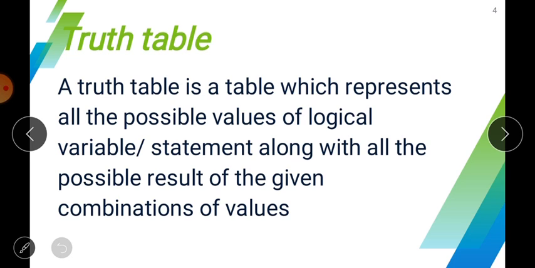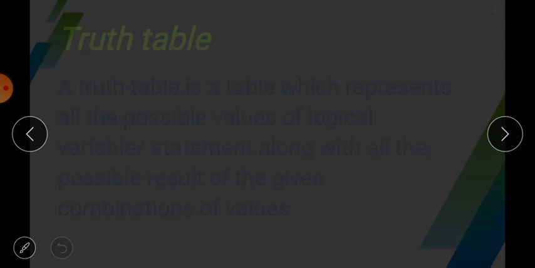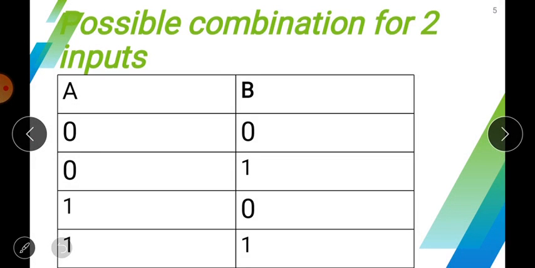This table is authentic in every logical circuit, expression, or condition. If we have two variables, how many possible combinations do we have? We have 2 to the power 2 possible combinations. It means we have altogether 4 possible combinations.